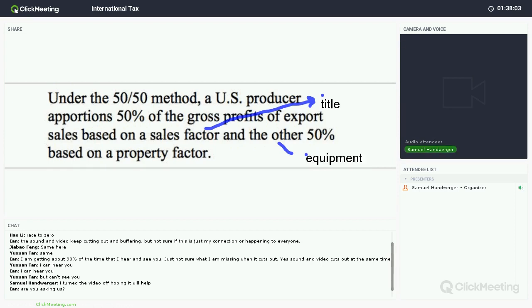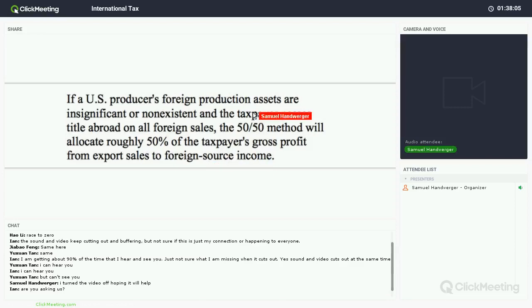This means that you've got the following setup. Take a United States manufacturer where assets are only in the United States. There's not much overseas. And they control the title passing on all foreign sales to be all foreign source. See what it says?